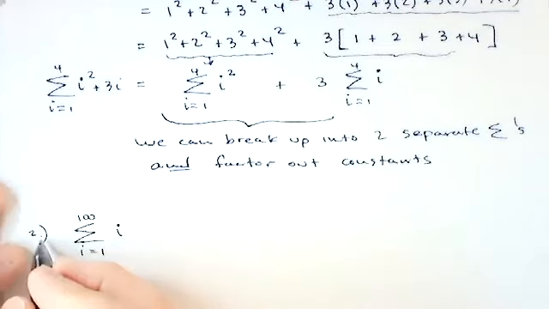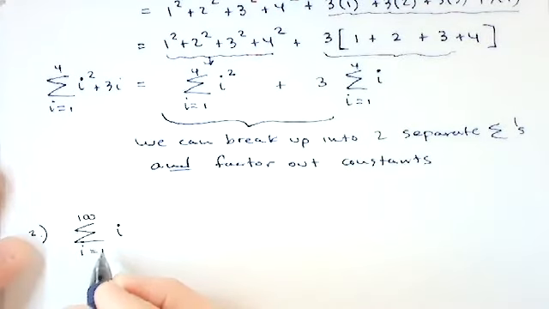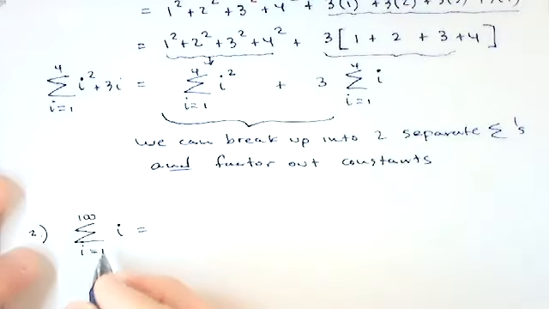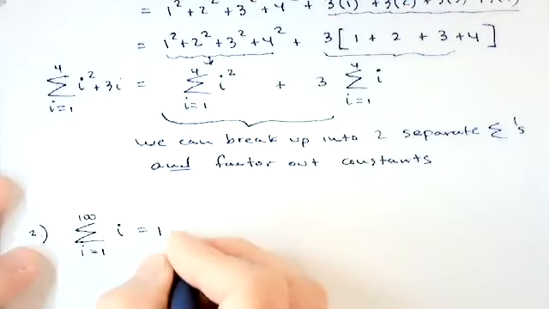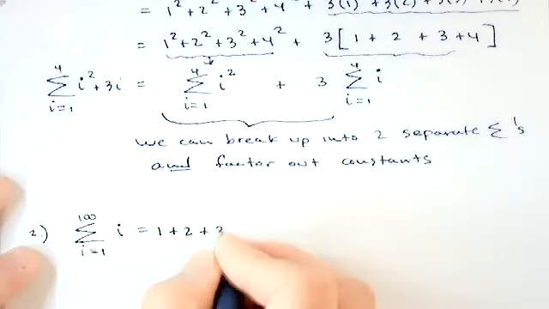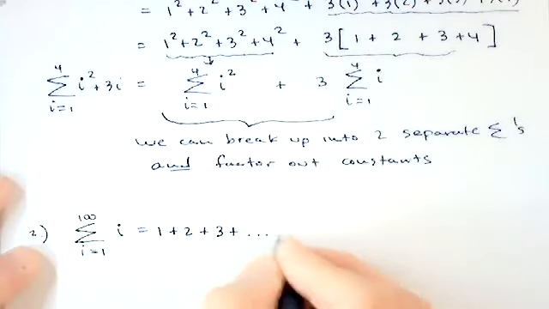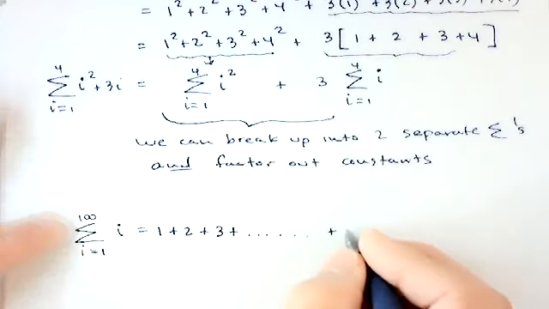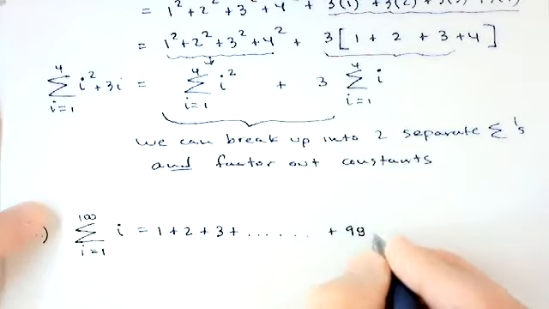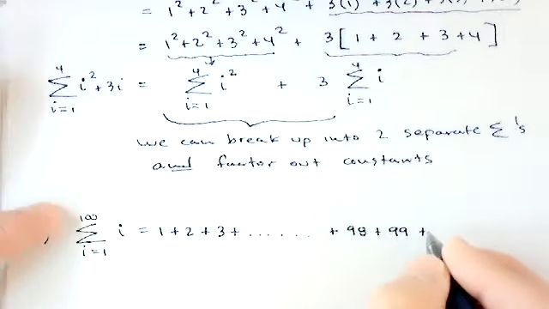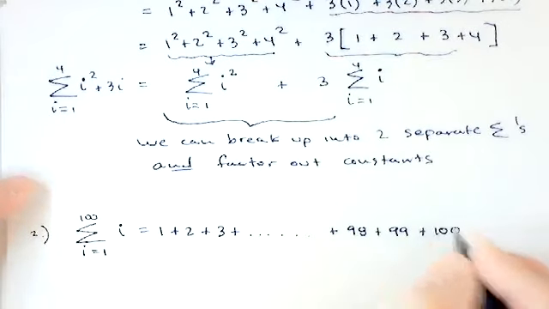Say I wanted to add up the summation from 1 to 100 of I, which would be the sum starting with 1, plus 2, plus 3. Keep doing this. At some point, you're going to end up with 98, then 99, and then finally, when you get to 100, you're done.